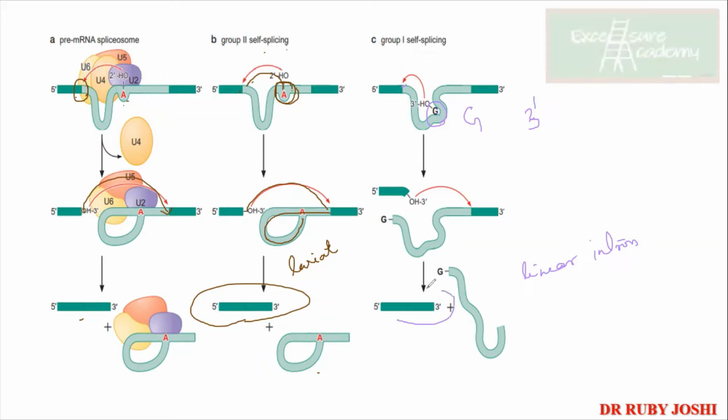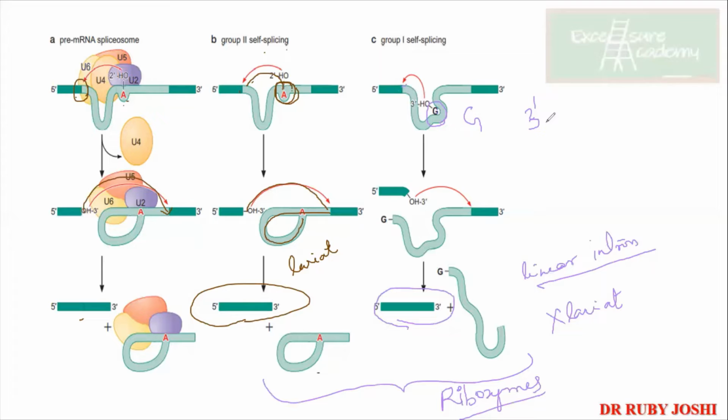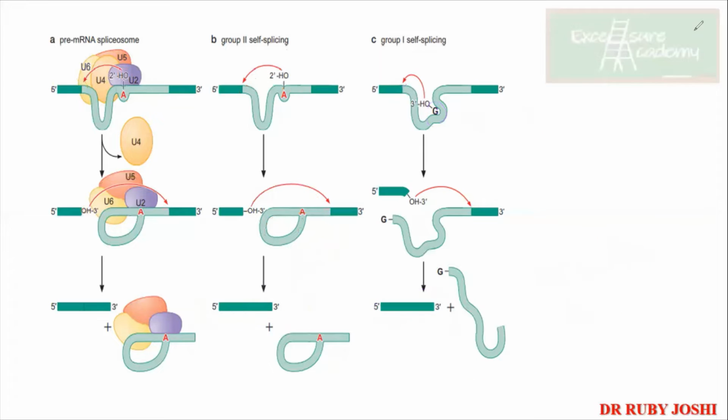Ultimately the exons are joined, fused, but the intron does not form a lariat. Instead it forms a linear intron, which will be degraded further. But both these scenarios, group 1 and group 2, are examples of ribozymes. Clear? Tanvi, is it clear? Yes, ma'am. Okay, it's a very simple concept.